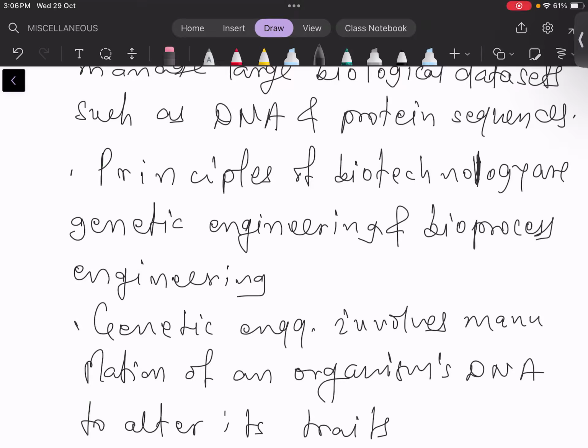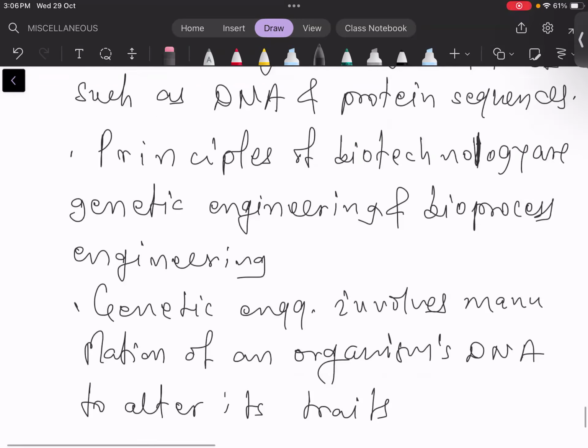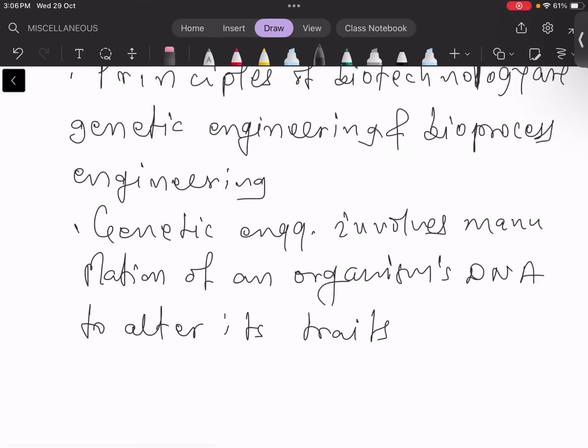Then bioprocess engineering is used on large scale cultures of microorganisms to manufacture specific biotechnological products.